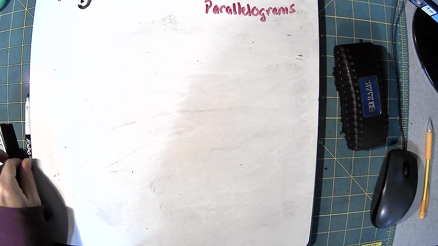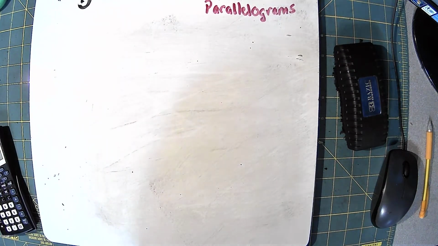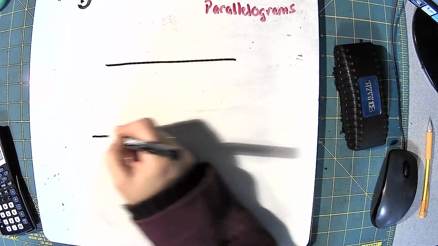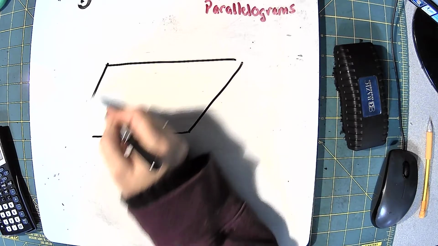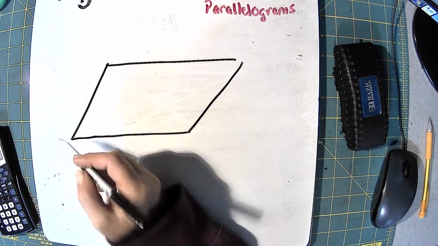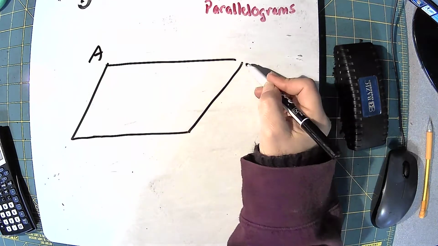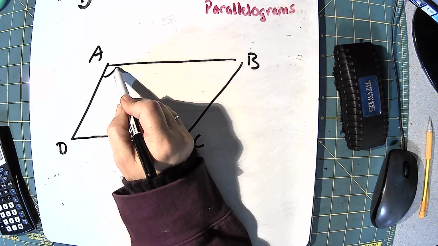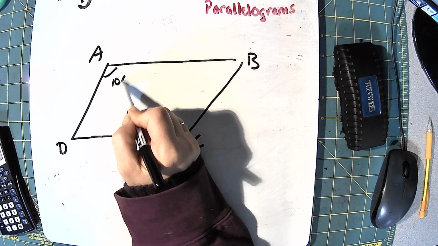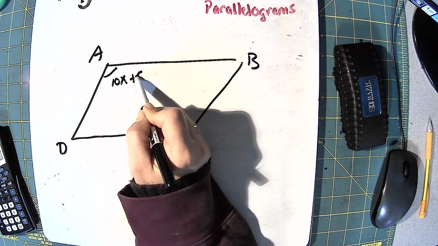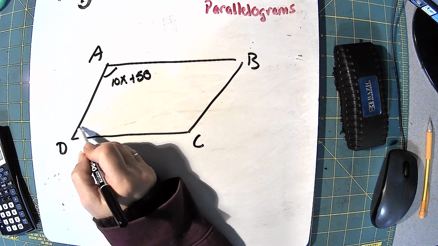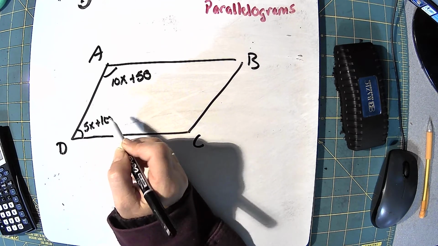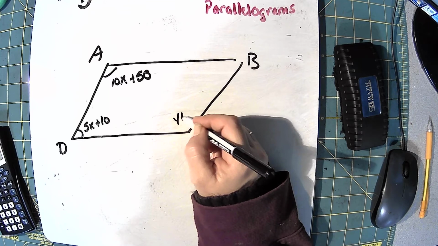All right, one more example. Nope. Yes, there is one more example. Okay, and this one gives us A, B, C, and D, and it says this angle right here is 10x plus 50, and then this one down here is 5x plus 10, and this one over here is y plus 10.